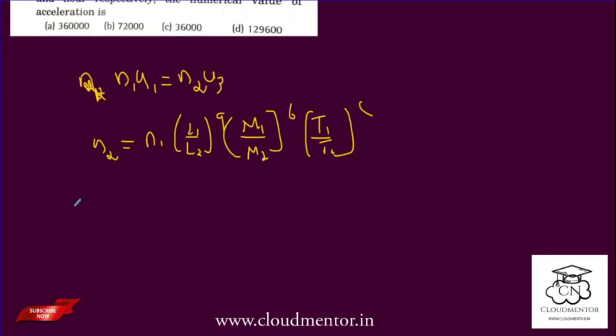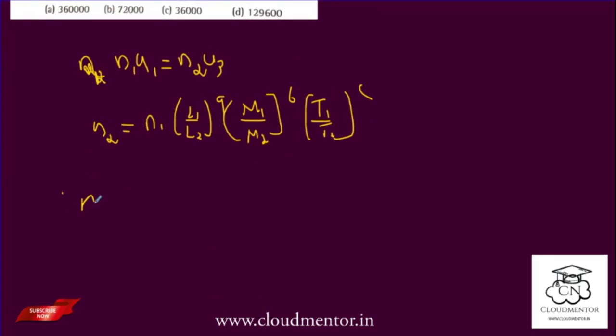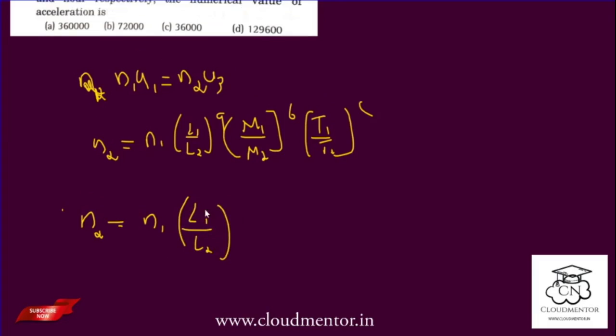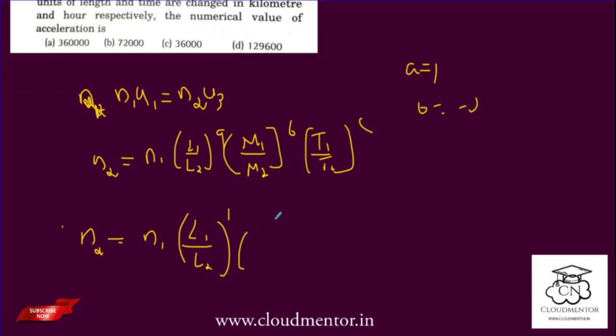Here we have only two quantities, length and time. So n2 will be equal to n1 of L1 by L2. Here it is meter per second square, so a is 1 and c is -2, and t1 by t2 the whole raised to -2.